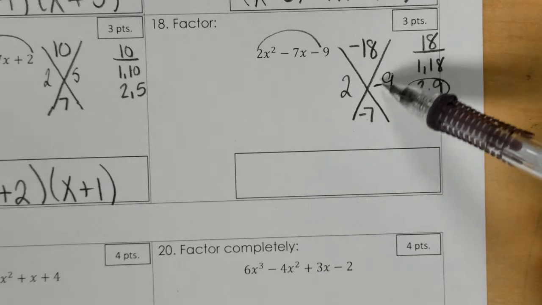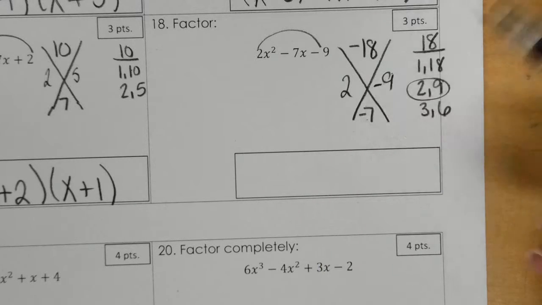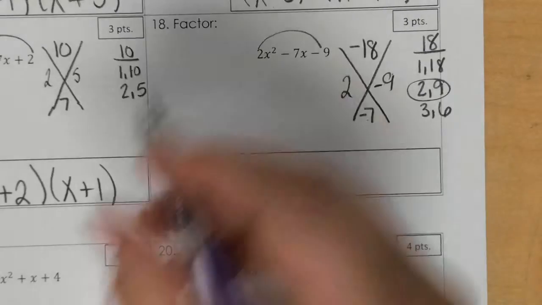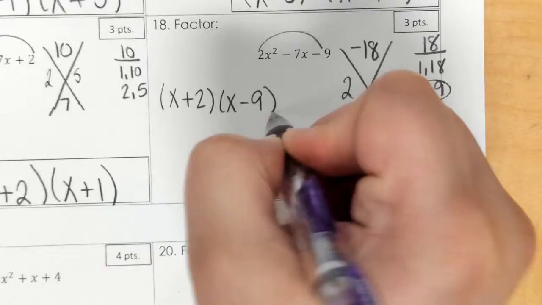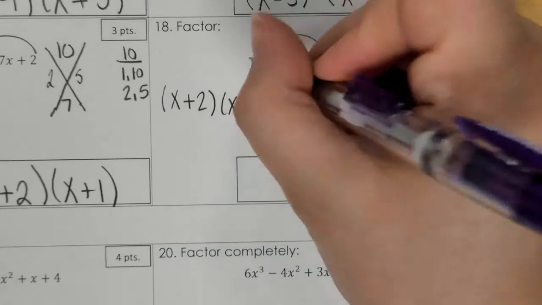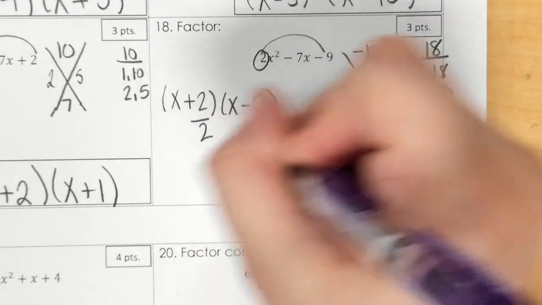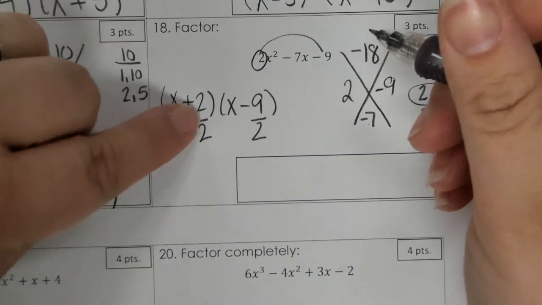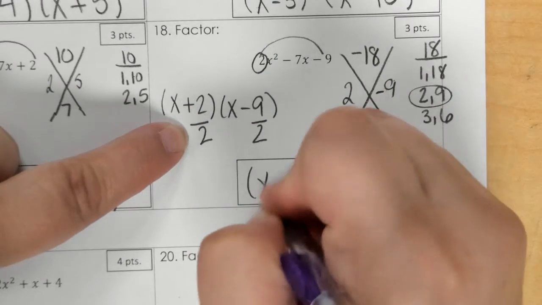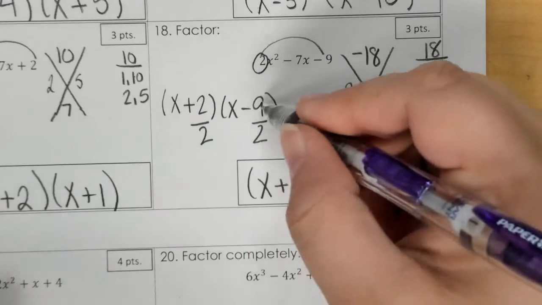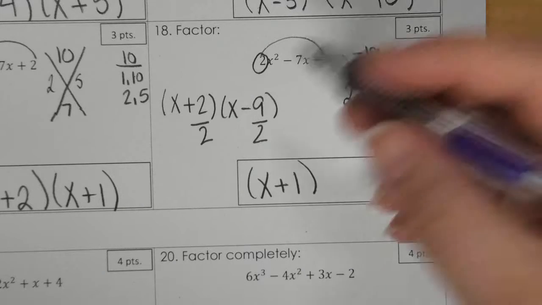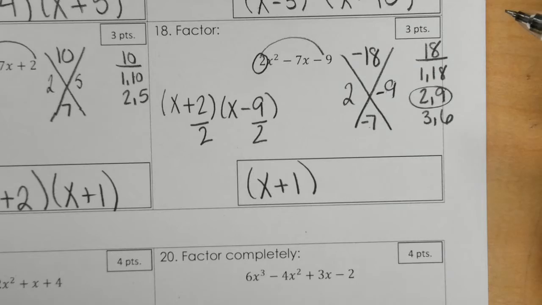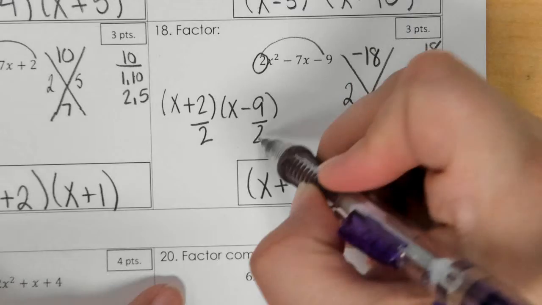See, these have to match on this side, the signs. So 2 minus 9 is negative 7. And we again have to divide by that first number. So we divide by 2. Well, 2 and 2, they do divide to be 1. And negative 9 divided by 2 can't reduce, can't divide, so I bring the bottom up.